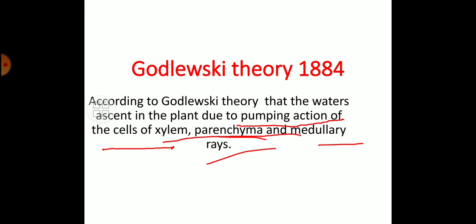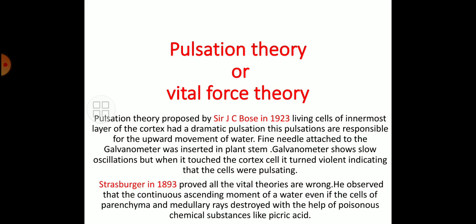Now, another theory was put forth by the great Indian scientist Sir J.C. Bose in 1923. According to this theory, a pulsation takes place in the plant, and that pulsation is responsible for the ascent of sap. And just to prove that, Sir J.C. Bose conducted an experiment which gives the idea that pulsation takes place in the plant.